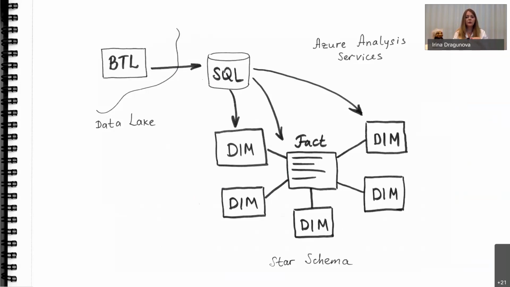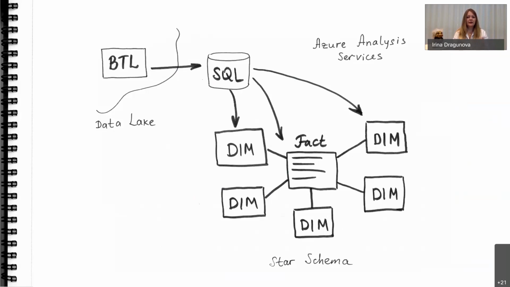Then we built a Star Schema in Azure Analysis Services. A Star Schema separates data into fact tables, which hold all quantitative data about the business, and dimensions, the dim tables here. Dimensions have attributes related to fact data.